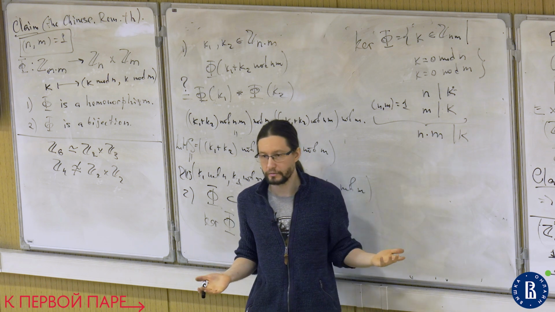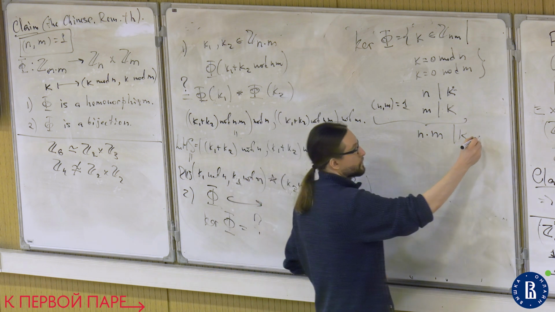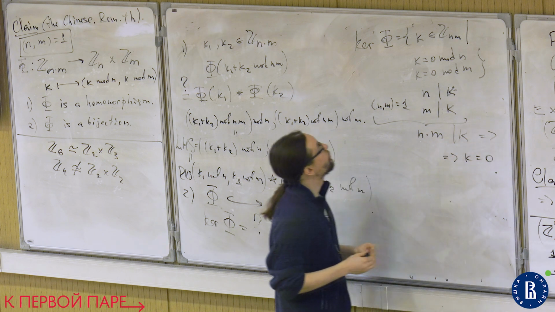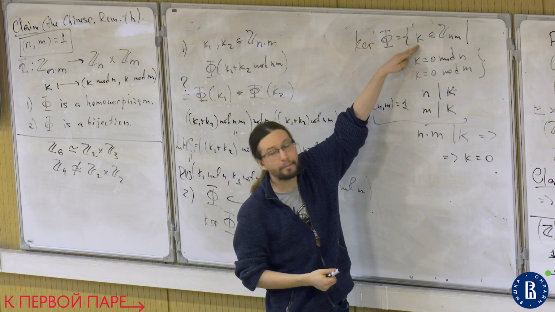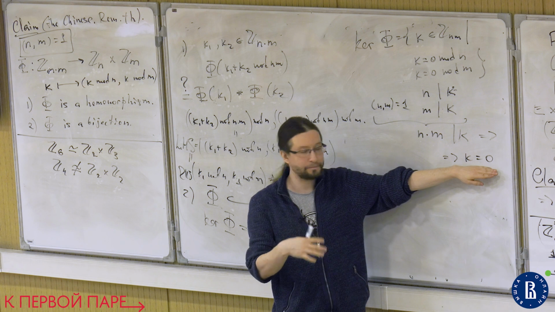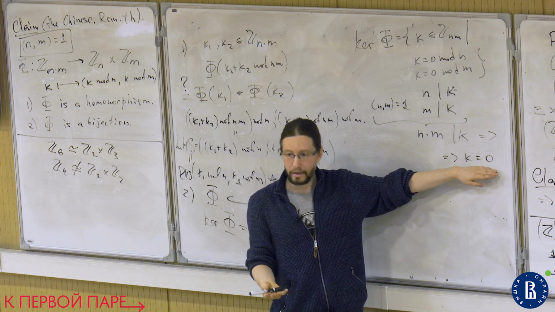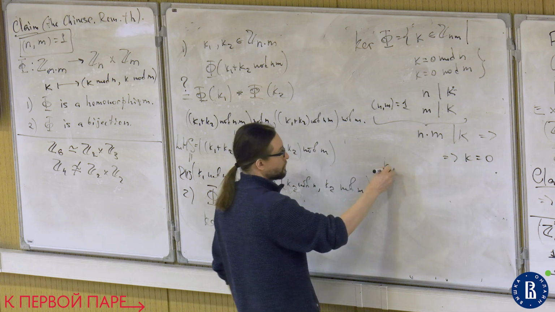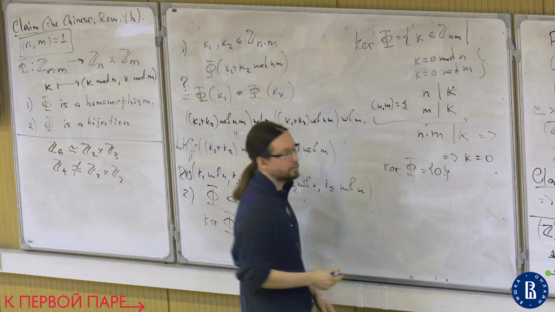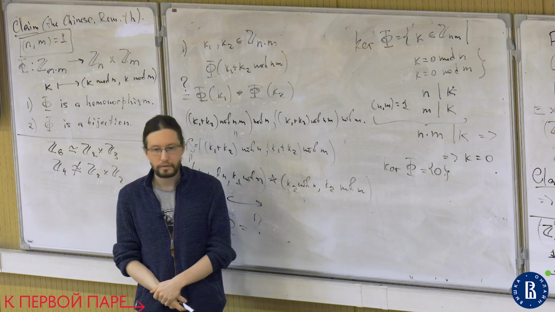There is only one option, so k is equal to 0. We started with an arbitrary element from the kernel, and we proved that this arbitrary element must be 0. So there are no other elements in the kernel. The kernel of Phi consists of the 0 element only.